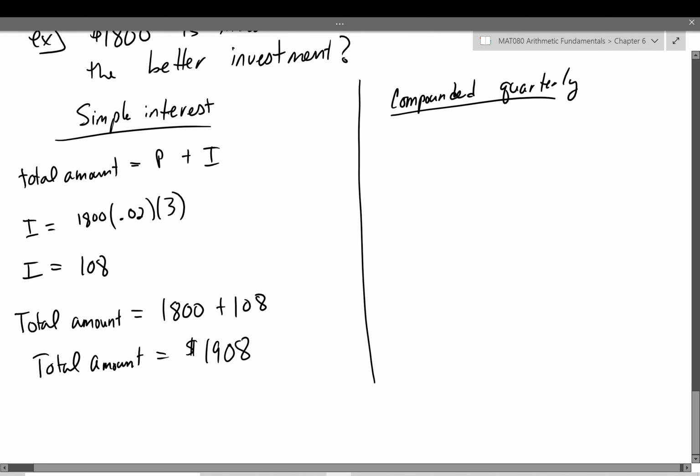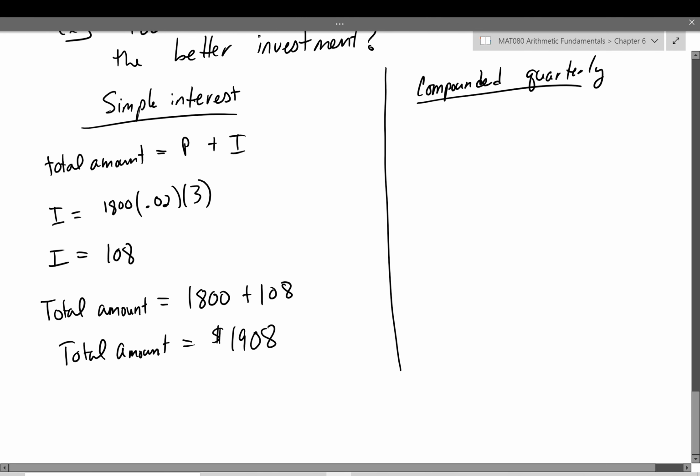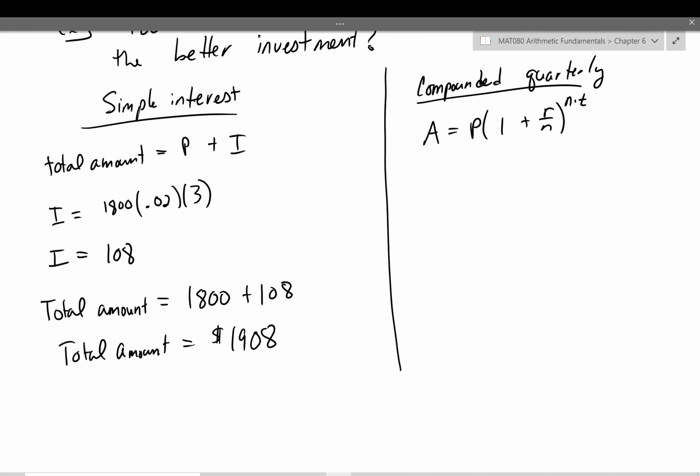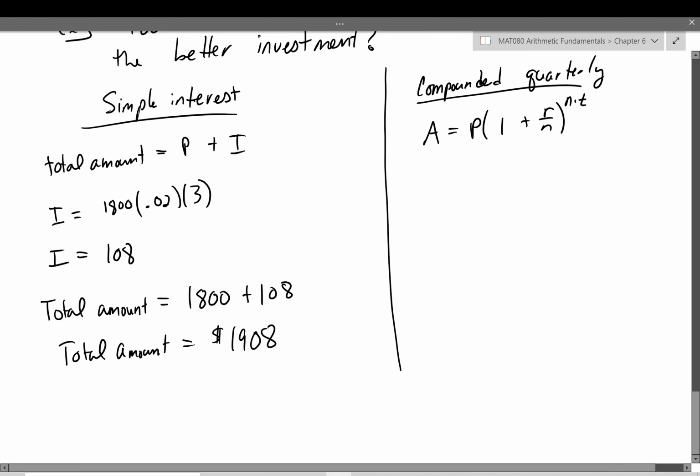Now, let's see compounded quarterly, okay? So for compounded quarterly, we have to use this formula here. So the amount equals 1 plus r over n, all raised to the n times t power. And like I said, I know this looks confusing, but if we just take our time, it's actually a very simple formula to use.